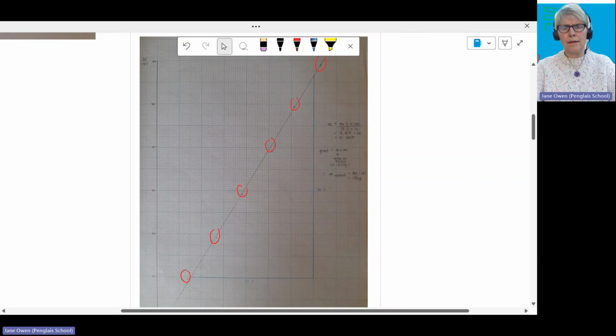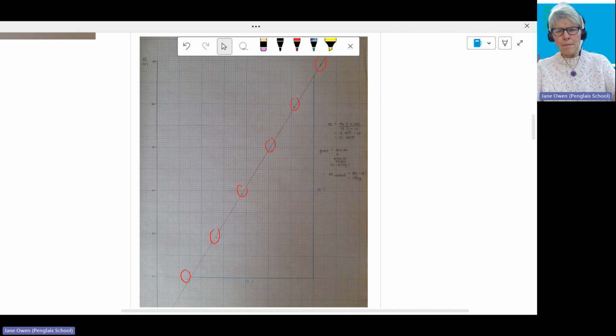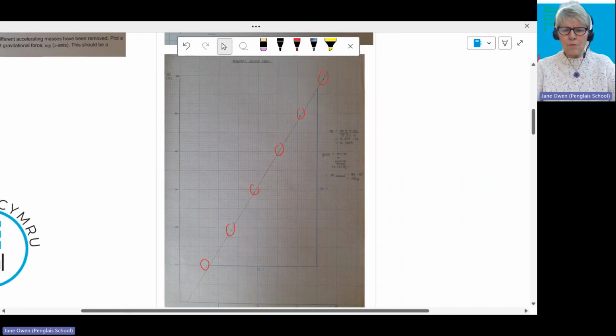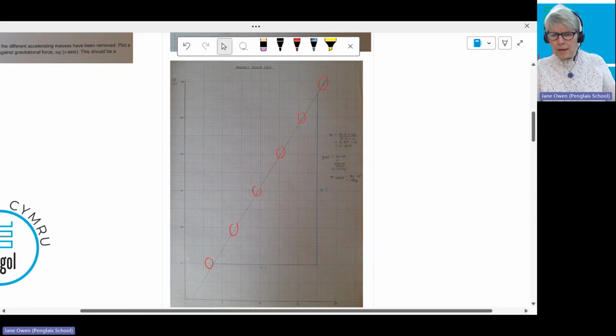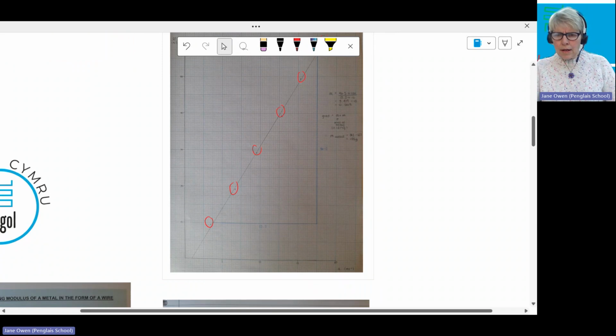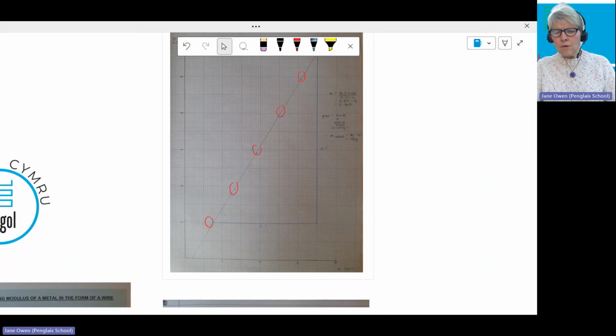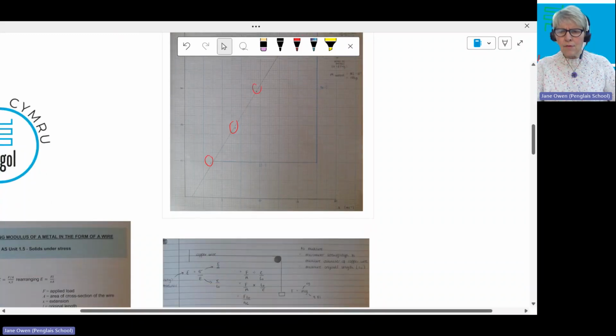Okay, because don't forget that the gradient signifies M plus m. So if you take away the little m, you'll get the mass of the rider itself. Okay, so they've done beautifully, shown regular axes on both scales. They've labeled up the axes accordingly.